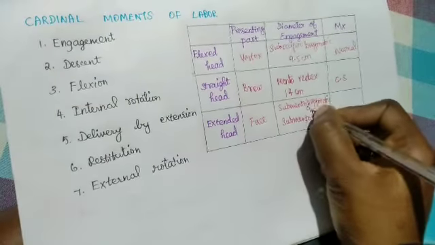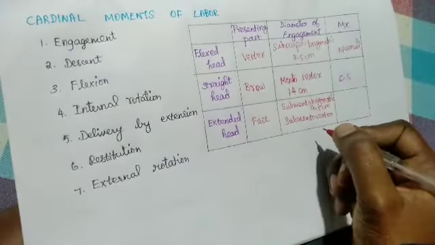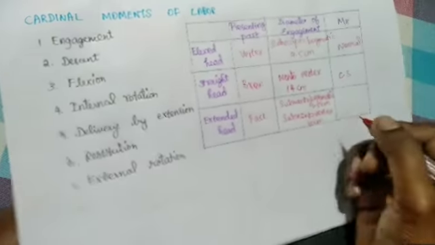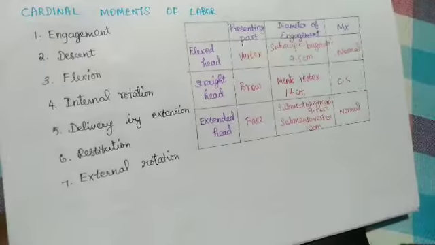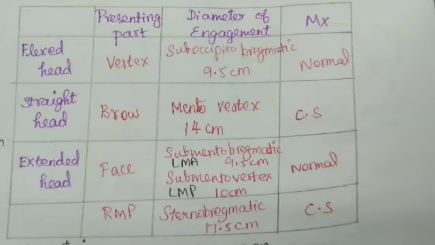Submentobregmatic is 9.5 centimeters and submentovertex is 10 centimeters, and it can deliver. So in a flexed head, the presenting part is vertex, and the diameter of engagement suboccipitobregmatic, 9.5 centimeters, can deliver. In brow presentation, mentovertex cannot deliver and should be managed by CS.